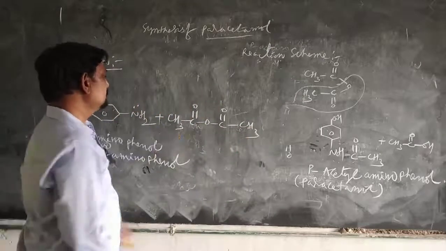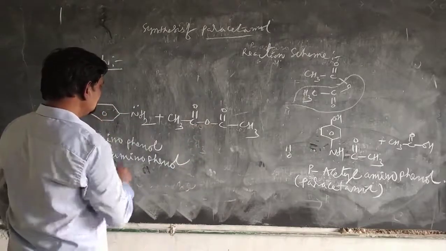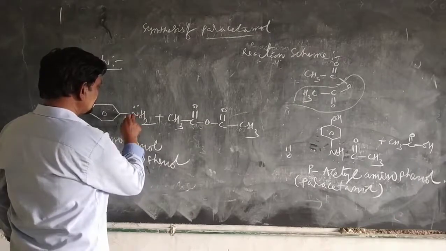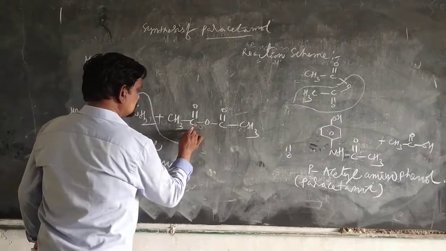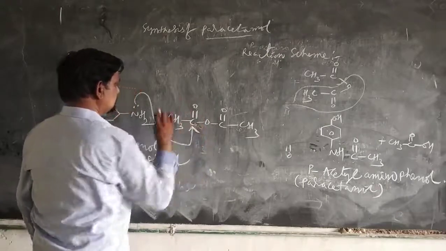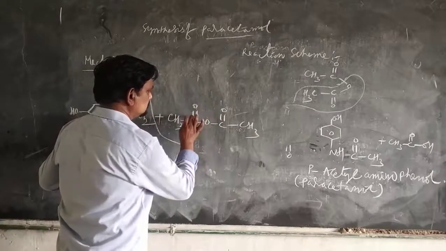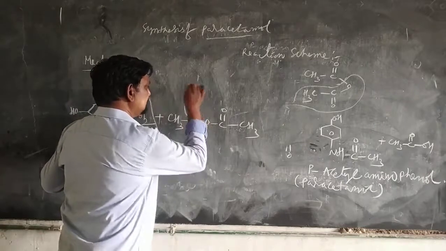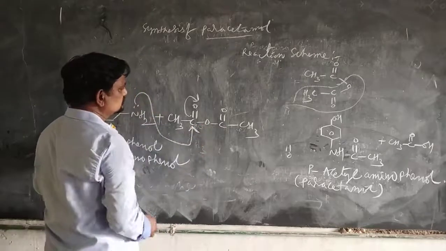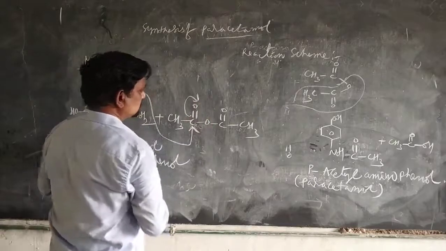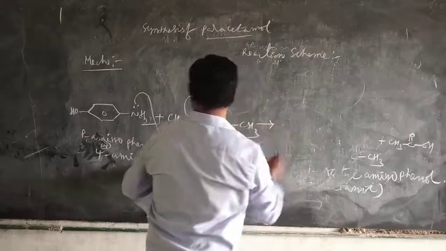In acetic anhydride, carbonyl groups are present. In this reaction, the nitrogen of the amino group has a lone pair of electrons, and it attacks the carbonyl carbon. The carbonyl double bond shifts, so one side acquires a partial positive charge and the other a partial negative charge.